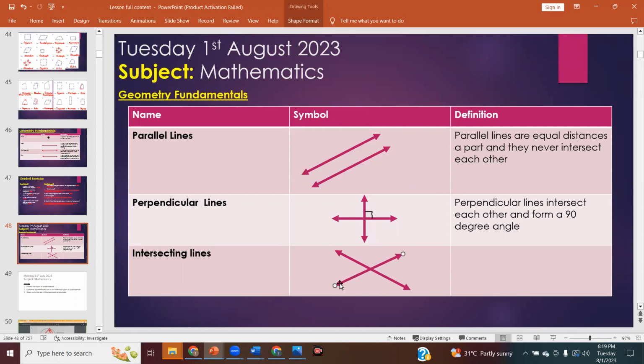Okay, so intersecting lines are lines which cross each other. So they meet at one point.